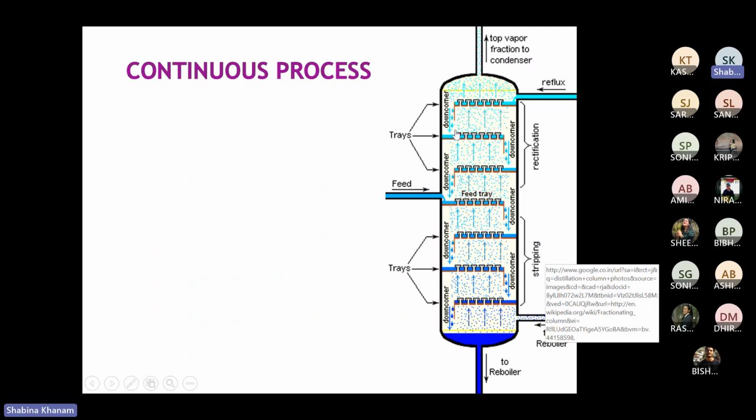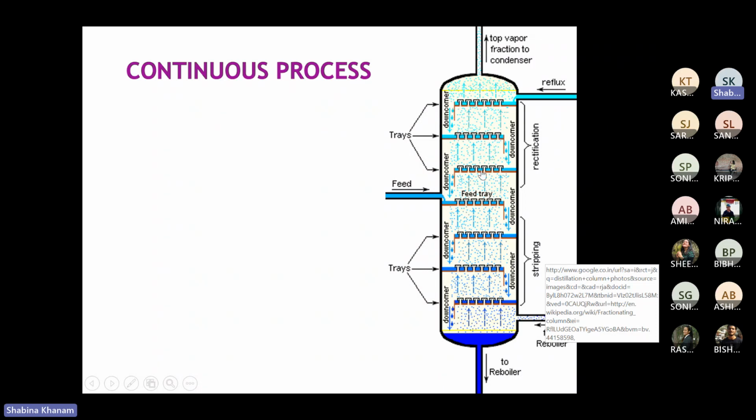Because no hole is there, liquid stays over here and then moves in this direction. There is no other way for liquid to move. So liquid moves over the plate, and again the vapor coming from the bottom crosses the liquid, and there we have the mass transfer activity. So the point is that liquid is not moving down in between.